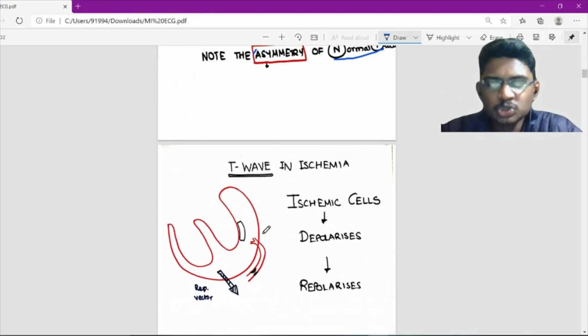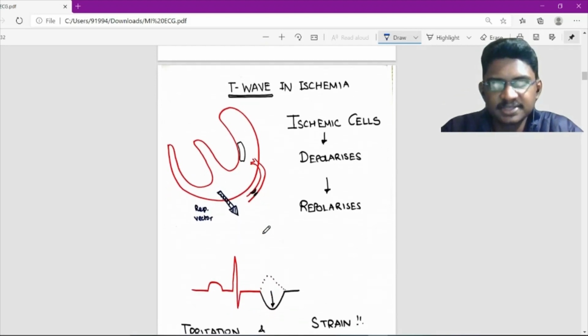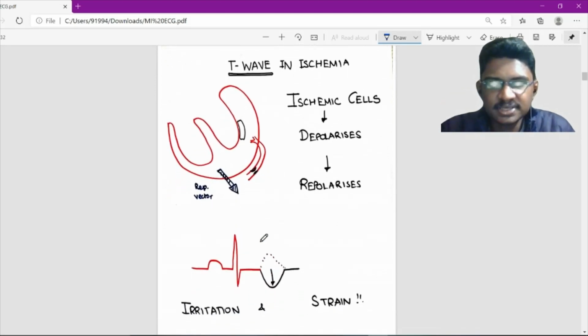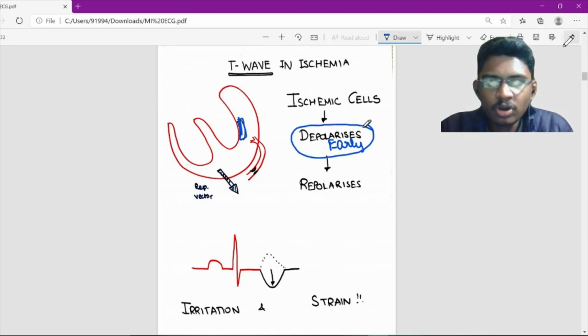So what happens to the T wave in ischemia? Yes, in ischemia, the ischemic cells in the subendocardial portion of the myocardium depolarize early, before all the myocardial cells in this area can depolarize.